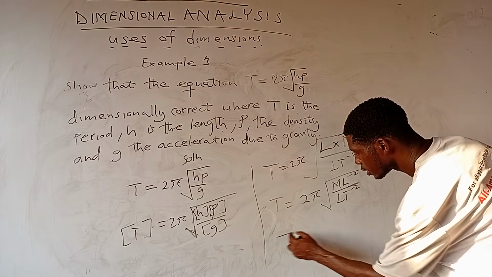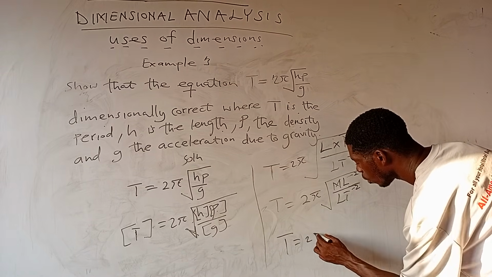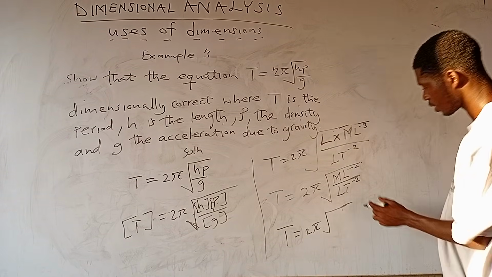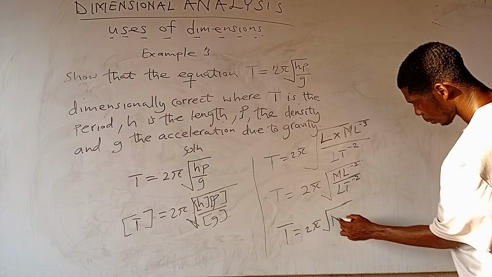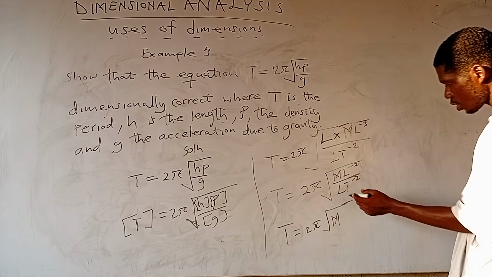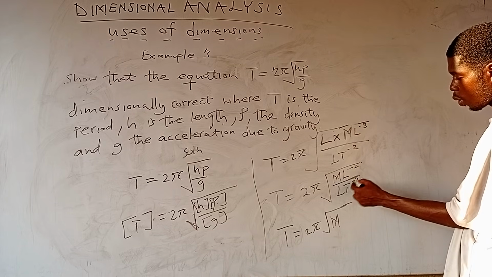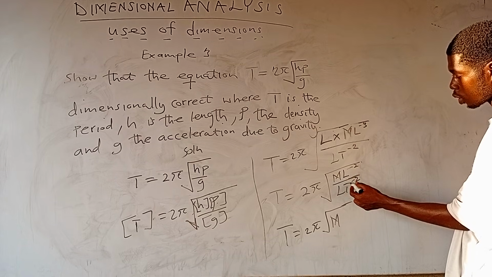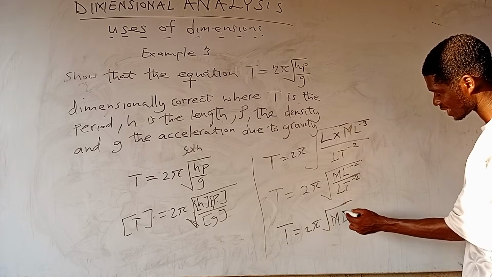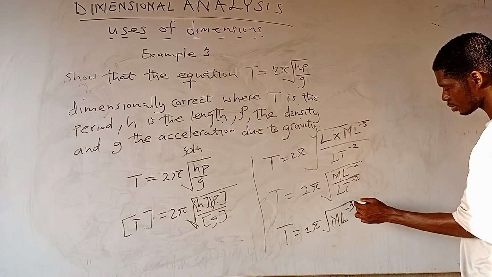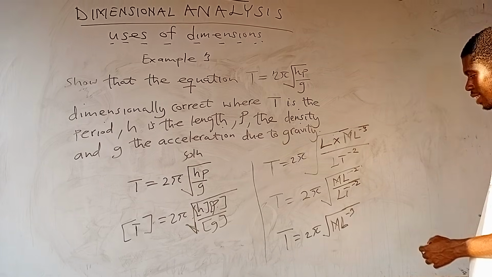So now you get M. The L has negative 2 here, whilst this one has positive 1, which will become negative 1 as well. Joining them, for the L you get negative 3.